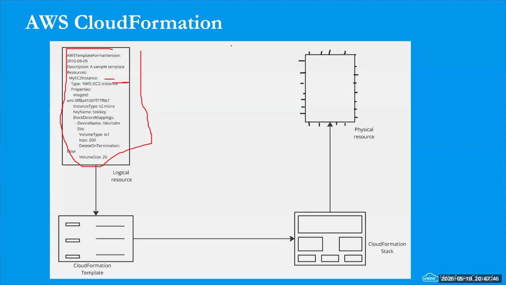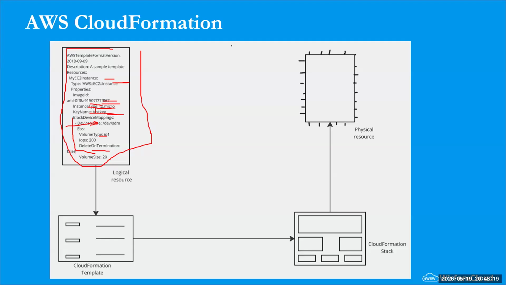For example, you want to define the Amazon machine image. You want to define the EC2 instance type you want. You want to define the key that you are going to use, right? This key. If you want to add some storage, you do it, right? Delete on termination means that when the instance is deleted, the storage will also be deleted. So this is the logical resource.